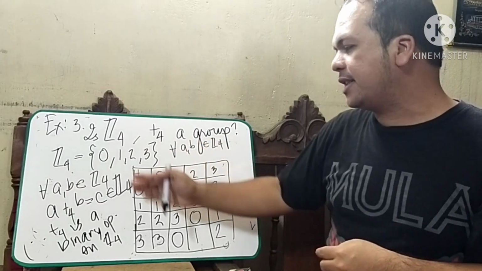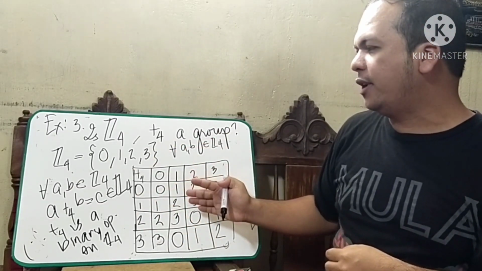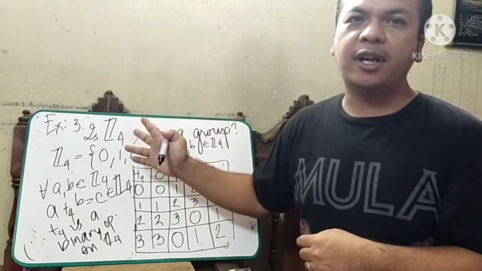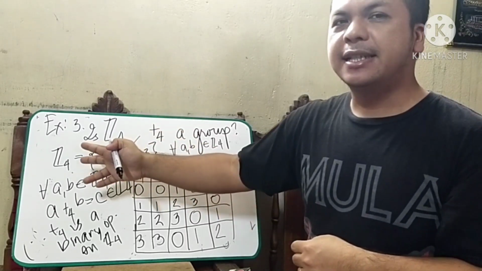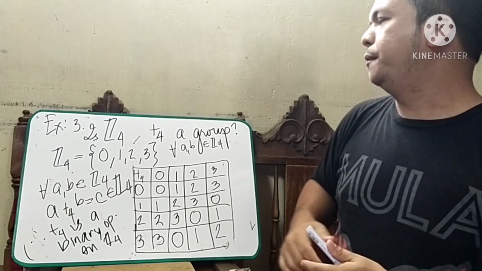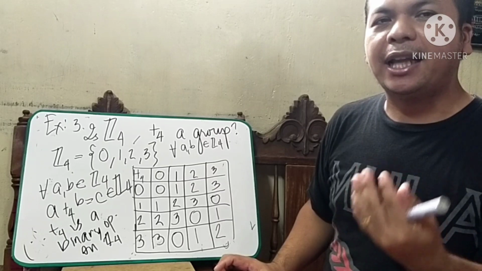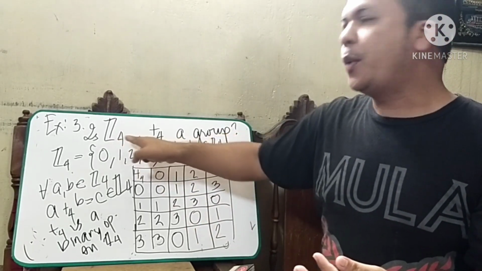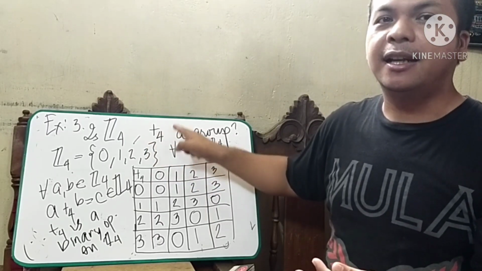And through this table, the Cayley table, na ipakita natin na itong addition modulo 4 is a binary operation on Z sub 4. Now, we will proceed to the properties of a group para maipakita naman natin na yung set na yon, Z sub 4, with respect to this binary operation, addition modulo 4, is a group.